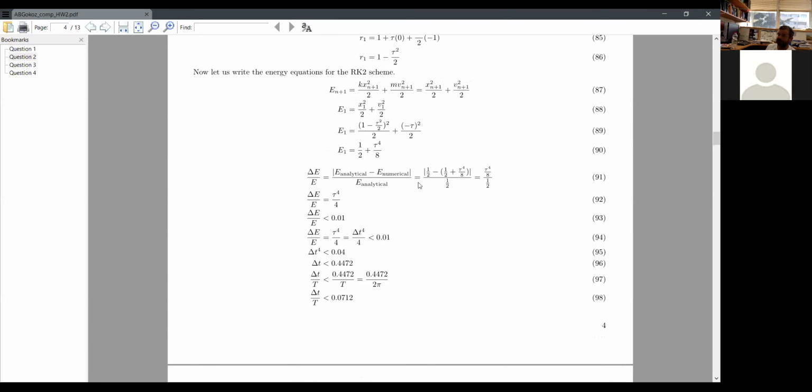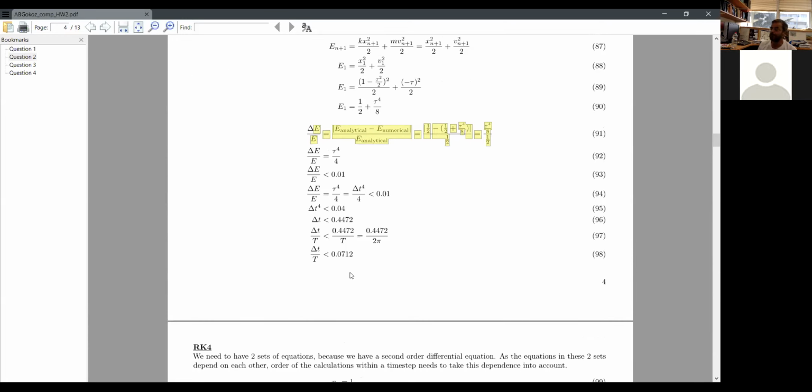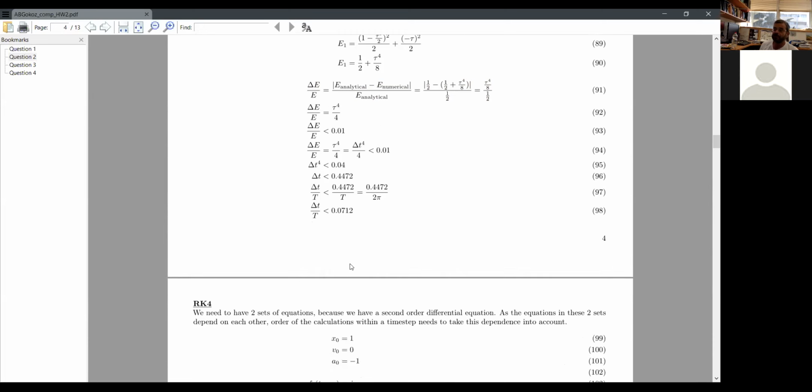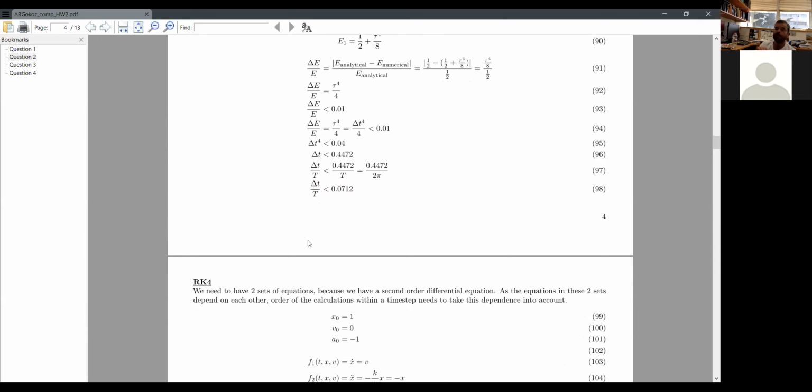The way to debug a code is always to go to the simplest step you can make, which you can follow with paper and pencil, see that it agrees, and then go to the next step. Okay, thank you. Thank you. See you.